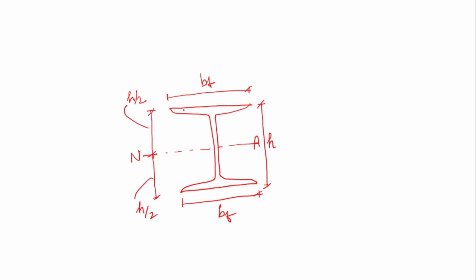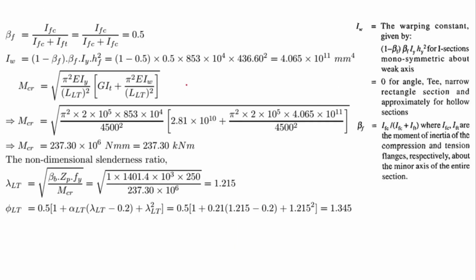Therefore, the moment of inertia of the top flange about the neutral axis will be the same as the moment of inertia of the bottom flange about the neutral axis. That means IFC, the moment of inertia of the compression flange, is equal to IFT, the moment of inertia of the tension flange. So if these two values are equal, then putting them in this fraction, we shall get beta f equal to 0.5.